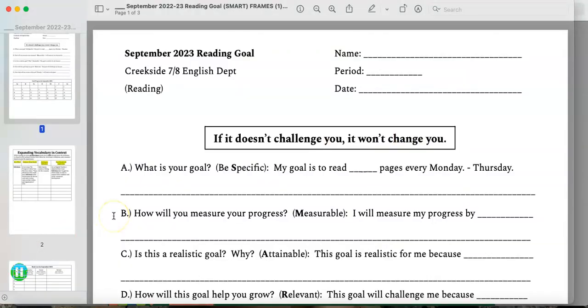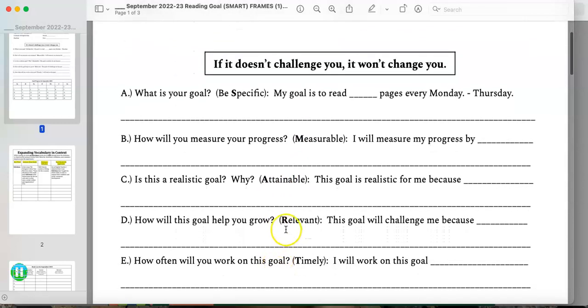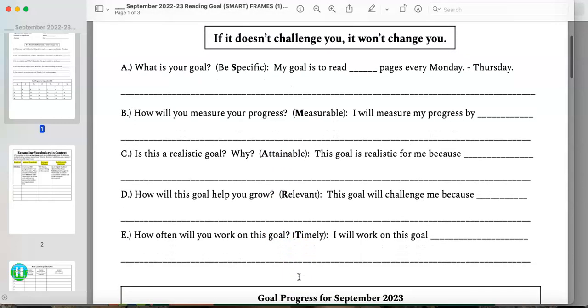And when I introduce this reading goal document to students, I introduce all the components, starting with students creating a SMART goal. A SMART goal meaning that students need to be specific, SMART as an acronym. The goal needs to be measurable, attainable, relevant, and timely, and we'll get into that.